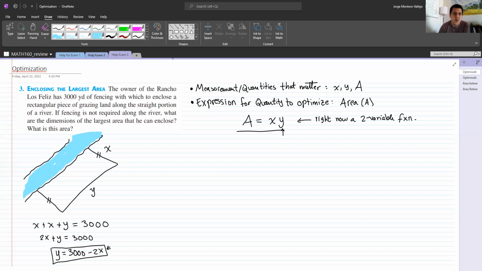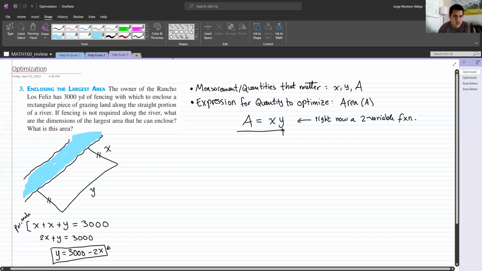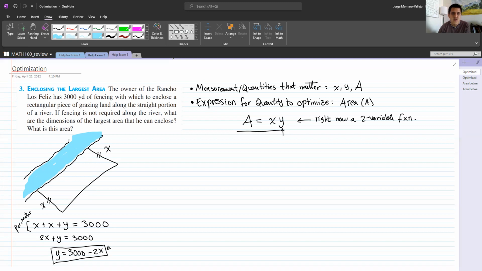Now, instead of using the idea of perimeter to write this equation, we could have just said that this is X, this is also going to be X, and the total fencing is 3,000. So this is going to be whatever is left from 3,000 after using 2X of fencing.